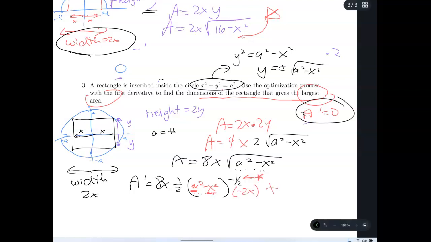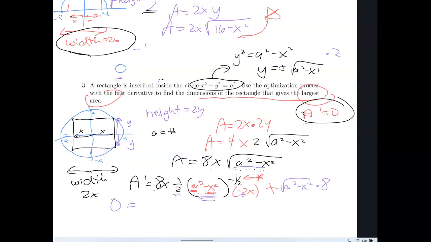Plus, so then we move on to second d first. So I write this one down and times the derivative of 8x, which is 8. Okay, put the negative exponent guy in the denominator. And so let's see, I got a 1/2 and a negative 2 and then the 8.